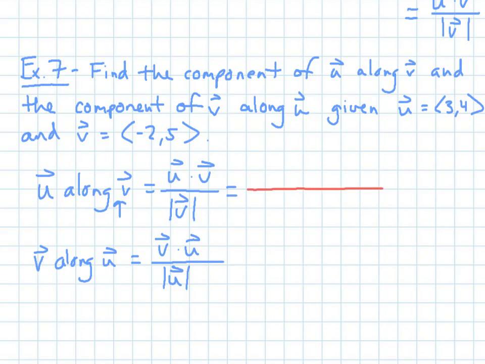Dot product of u and v, so 3 times -2 plus 4 times 5. And then the magnitude of v is going to be the square root of -2 squared plus 5 squared.